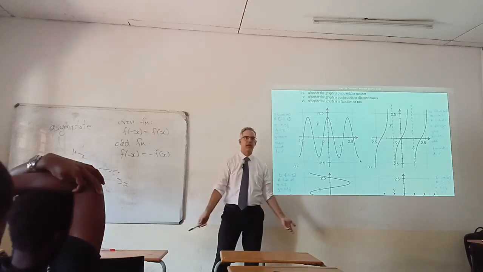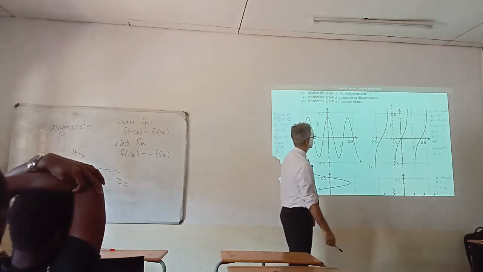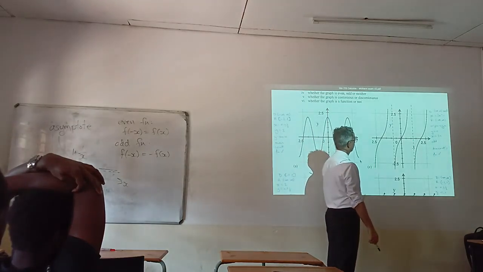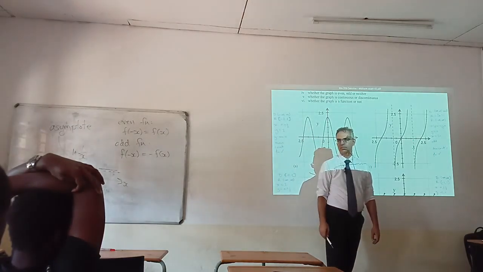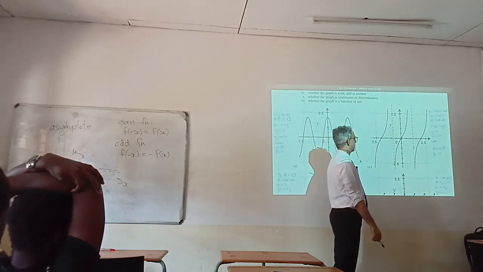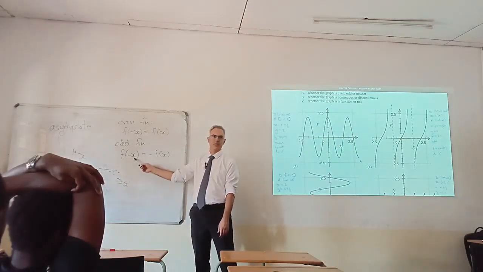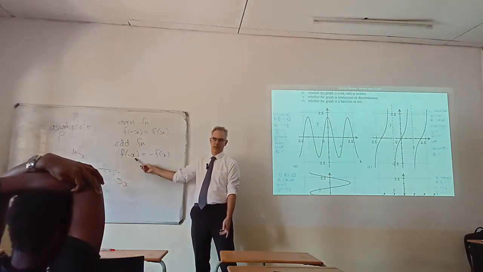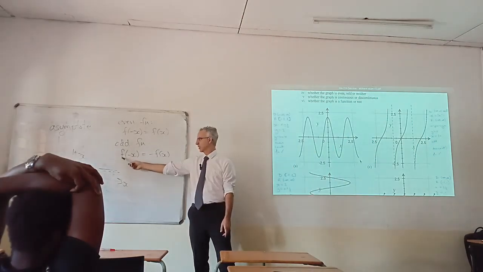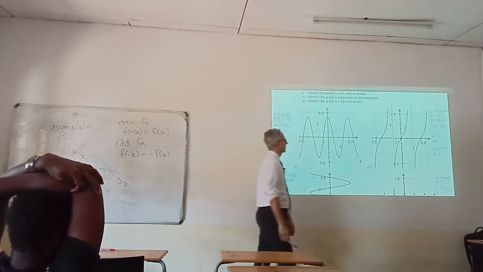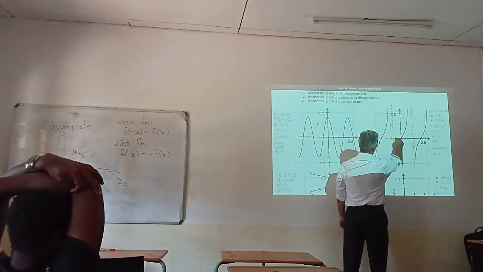So if we choose x, let's choose x equals 0.5. Yeah? So if x is 0.5, what is minus x? It's minus 0.5. So we need the function at minus 0.5. So minus 0.5 is here.